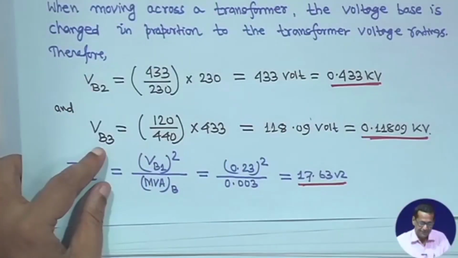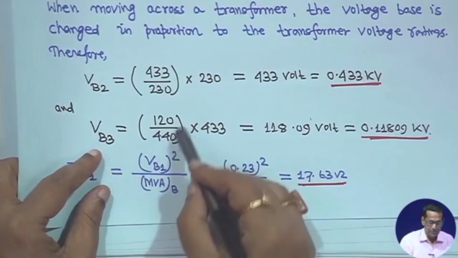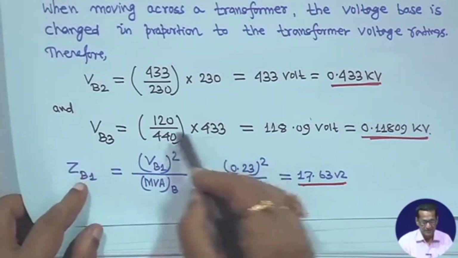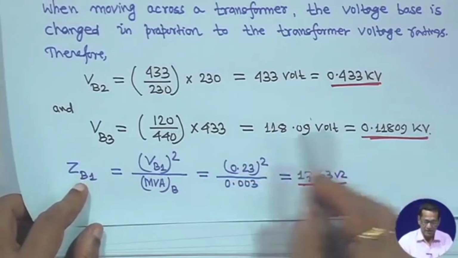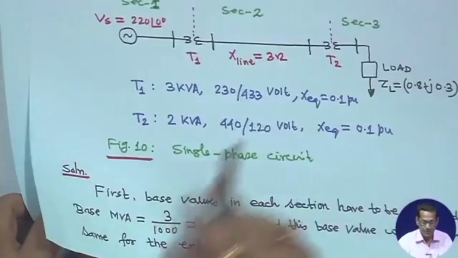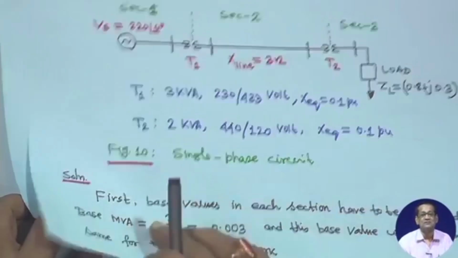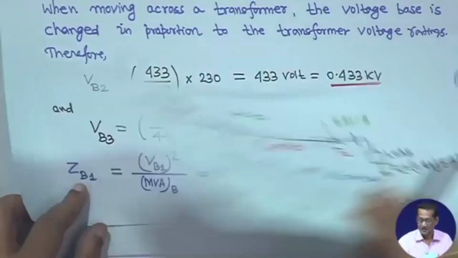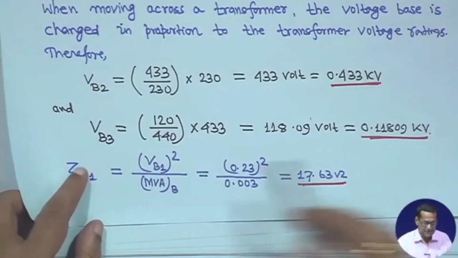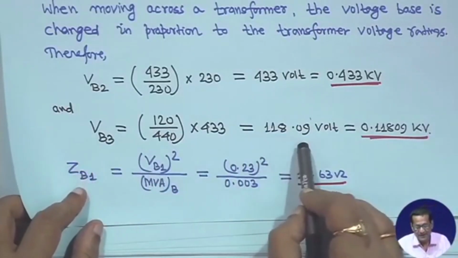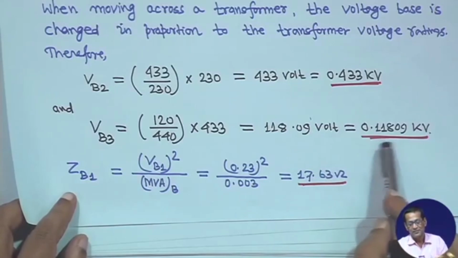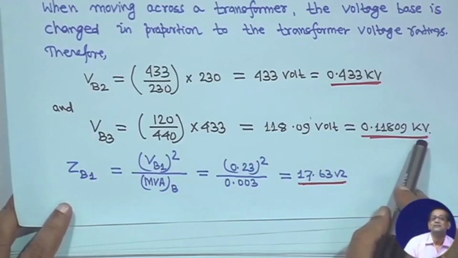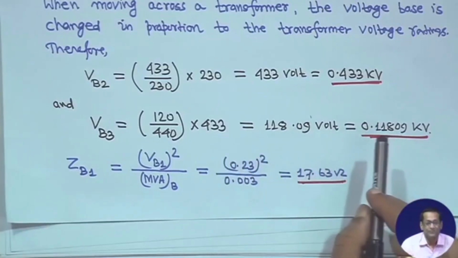That means your VB3 will be 120 upon 440 into 433, because you are going to the lower voltage side. Although the transformer is 440 by 120, you are transforming the whole network based on a common base, right. Therefore, the section 3 base voltage will be 118.09 volt, that is 0.11809 kV. So, hope you have understood how to transform.